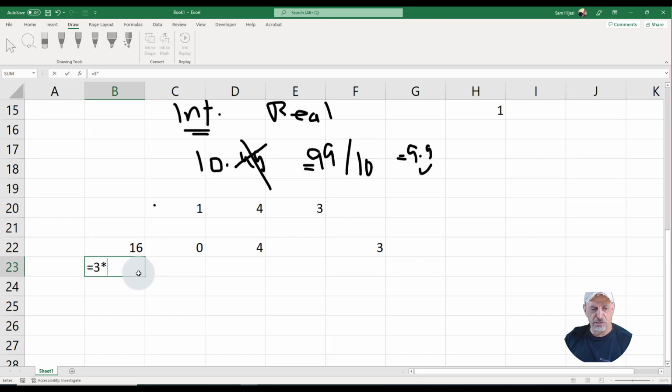Anyway, this is one more thing about multiplication and division. If you have multiplication and division together, you need to make sure that the calculation always starts from left to right. So 3 multiplied by 9 is 27, then divided by 2. We're going to get 13 something, and here we go, 13.5.